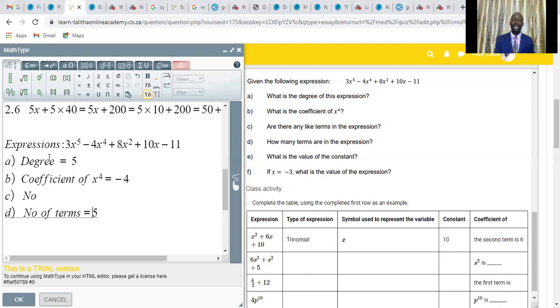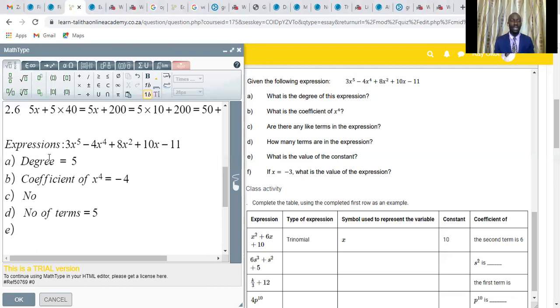Now the next we want to look at is question 2, part E. How do we handle that? Part E is asking for the value of the constant.